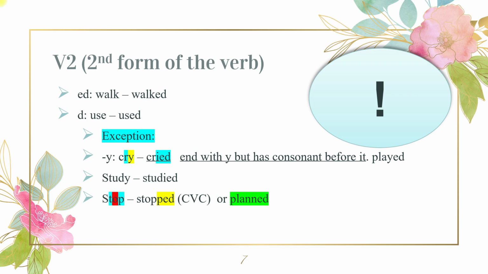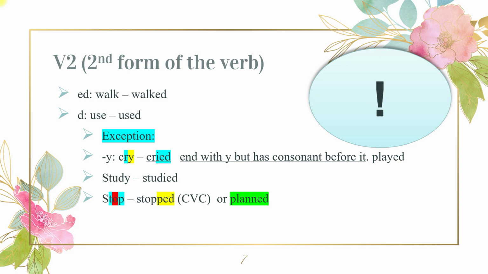Sometimes when a word ends with a consonant, but before the consonant is a vowel, and before the vowel is another consonant, we double the last consonant and add ed. For example, the word stop, stopped. Like the word plan, planned.